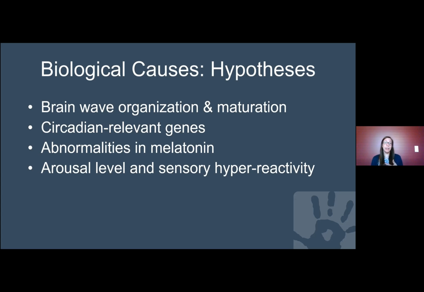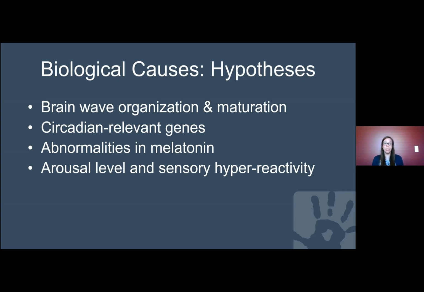Melatonin is a hormone that probably many of you have heard about because it can be taken as a supplement. But in kids with autism, some studies have shown that either their melatonin is released at different times or it's not peaking like it should at the time of sleep onset. There are also some studies that have looked at arousal levels.